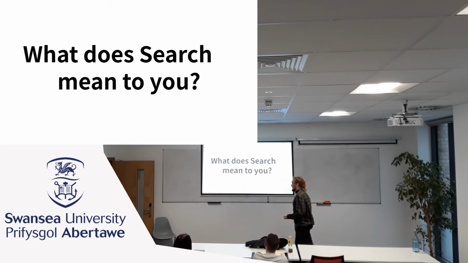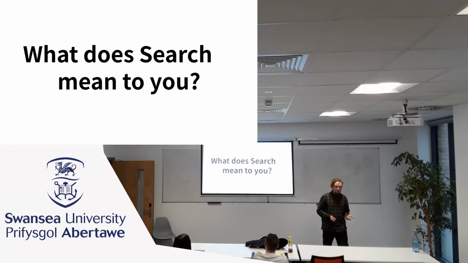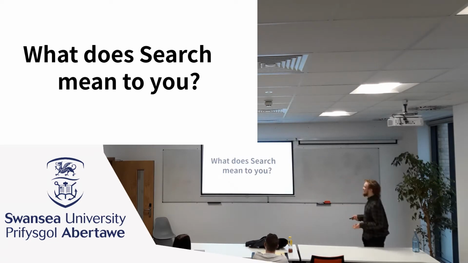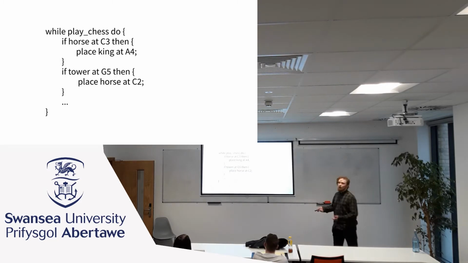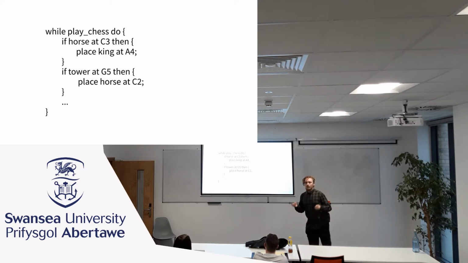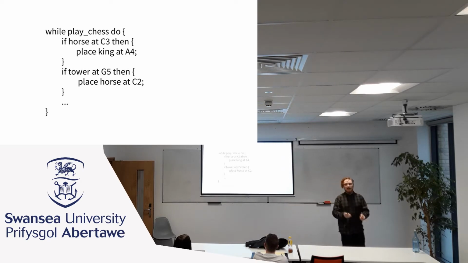The cool thing is that search is such an ubiquitous problem in computer science that we can essentially solve most of the problems that we have using search. And the reason for that is the following. So here I just have some problem code. This is, for example, like a chess problem or something. When you usually write code, you tell your computer at every step exactly what it's doing.